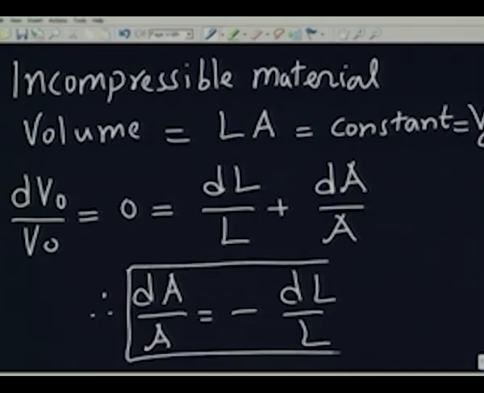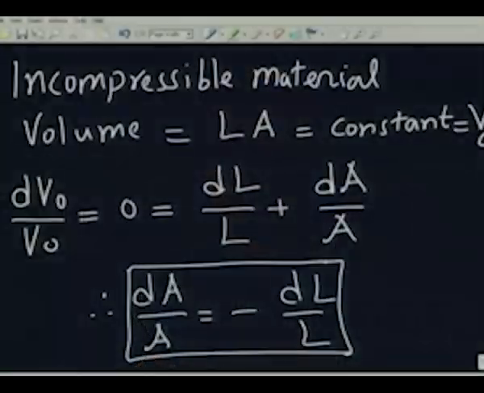That means that the positive strain in the longitudinal direction leads to a negative strain or negative change in the area of cross section. The cylinder has become longer. In fact, it is not necessary to have a cylinder. You can have a prism, you can have a square bar, the same thing is going to happen. The cross section is going to become smaller and the length has become larger.